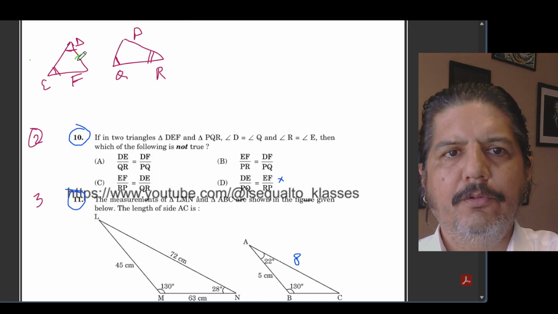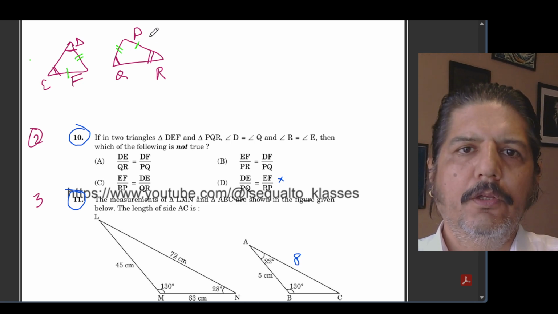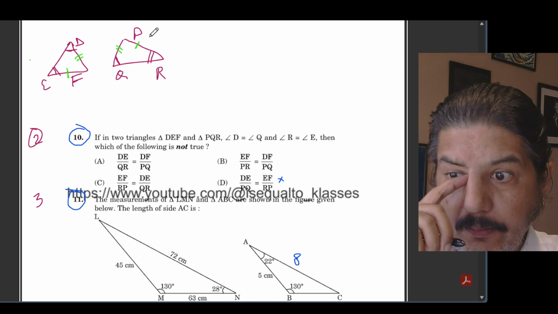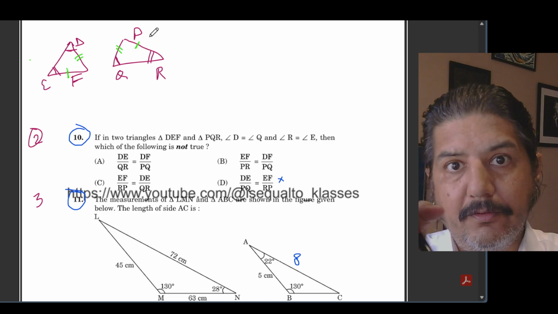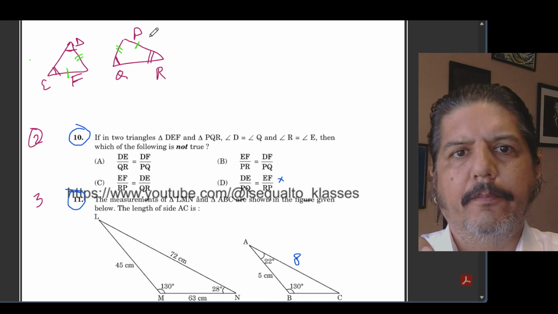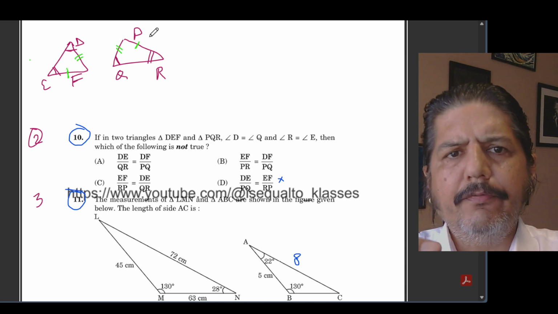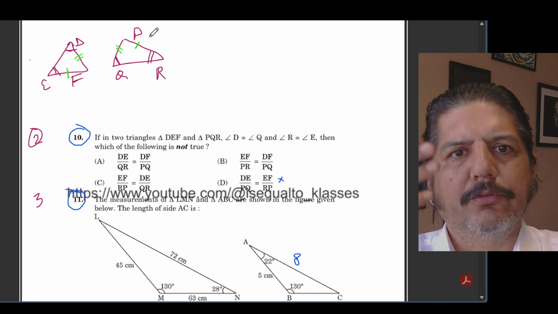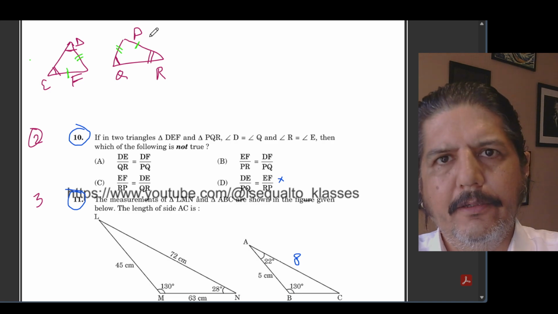For example, I'll be using a double line here and here, and a single line here and here. The point I'm trying to make is your corresponding sides and angles should be very clearly marked, and if need be, use different symbols so that it becomes very easy to understand.